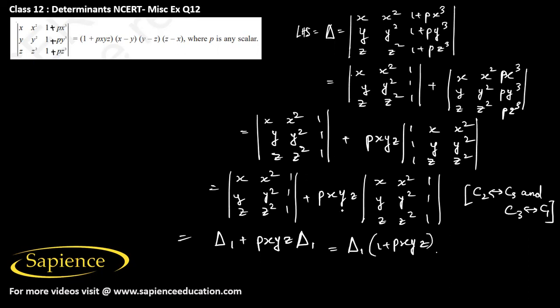Then this delta 1 we have to find, that is the determinant of x², 1; y², 1; z², 1. So delta 1 is equal to the determinant of x², 1; y², 1; z², 1.